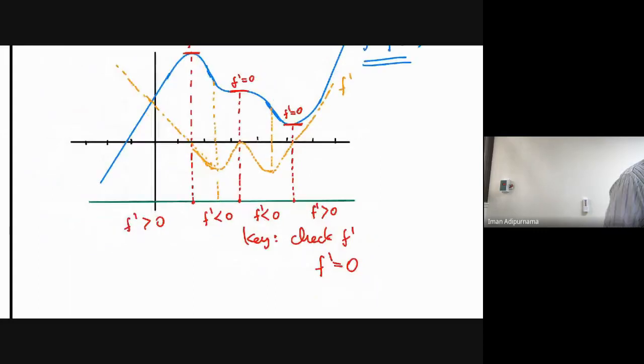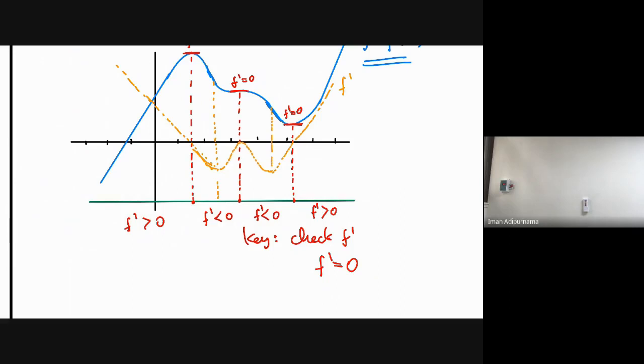And you can also check the double prime, the second derivative. You can check the slope. When the slope changes, I think the important part is here in the middle. You're changing from negative to positive, right? And then negative, and positive.